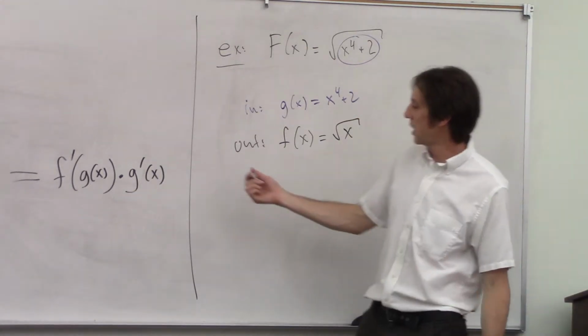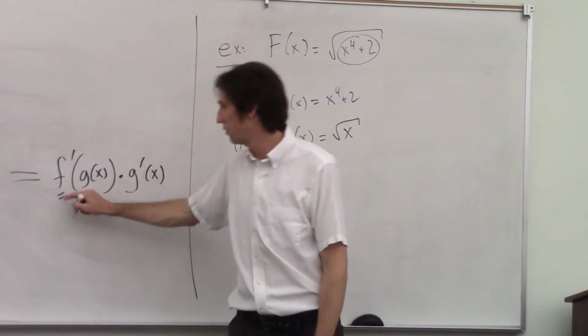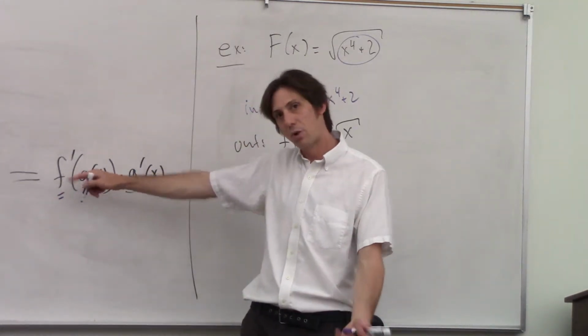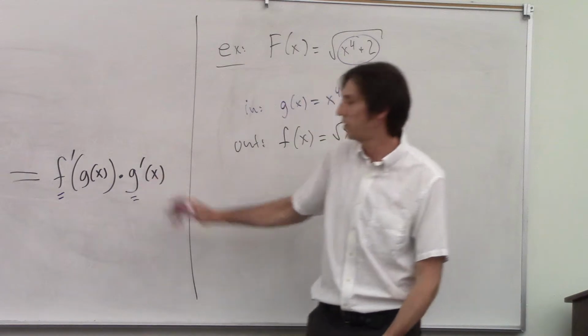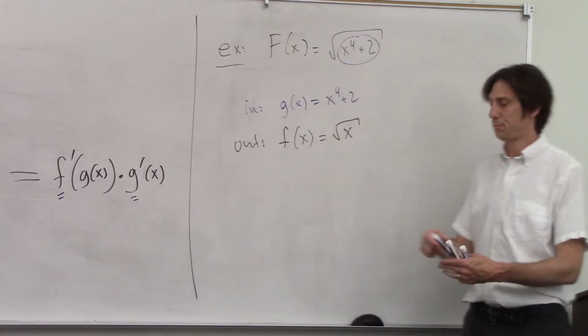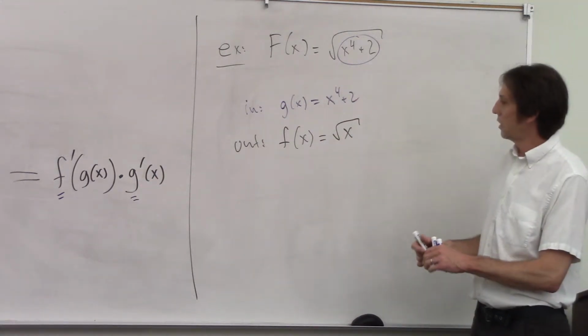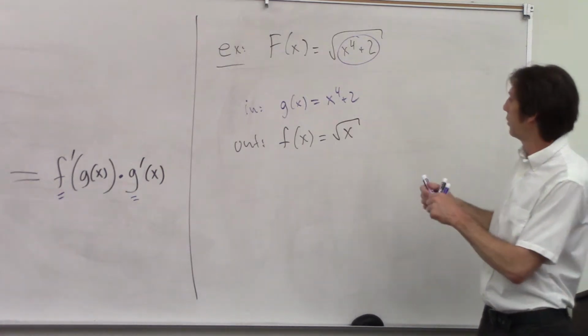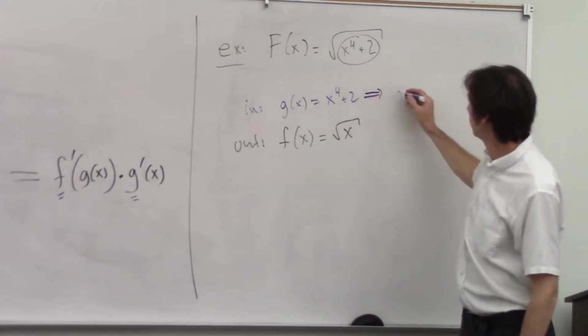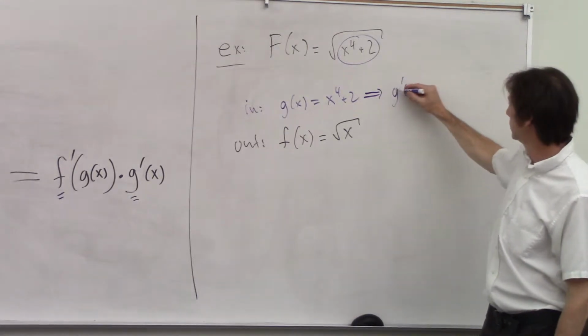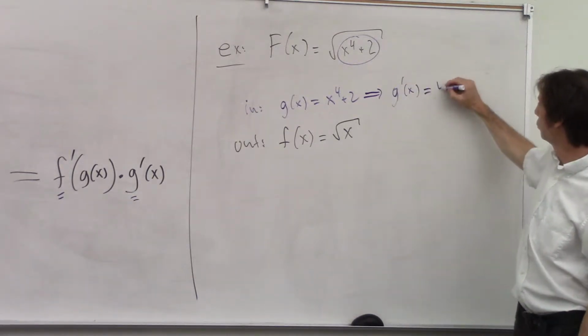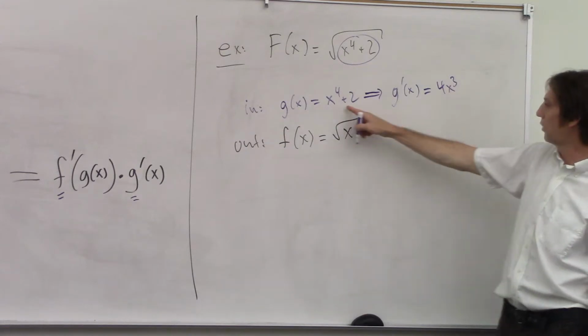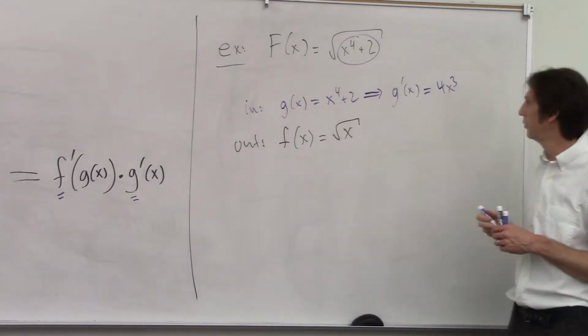In the formula for the chain rule, I see that I need the derivative of the outside function, f prime, and I also need the derivative of the inside function, g prime. So let me compute those two derivatives separately. The derivative of g of x is easy enough to do. G prime of x is equal to 4x cubed plus 0, because the derivative of 2 is 0.